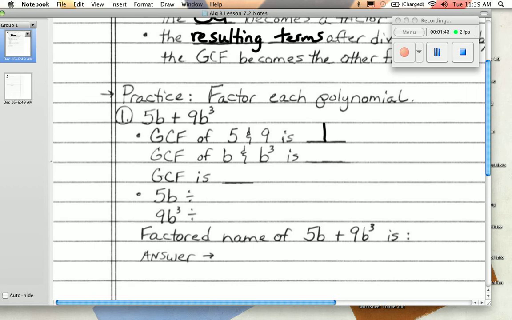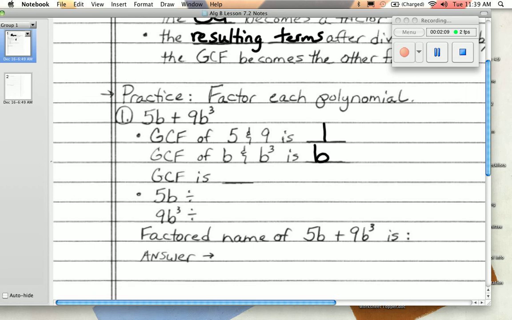Okay? What do you think the GCF of b and b to the third power is? B. Hopefully you have figured out by now that one of those two is going to be the GCF, the one that there is the least of. So there's only one b, but the other one has 3 factors of b.